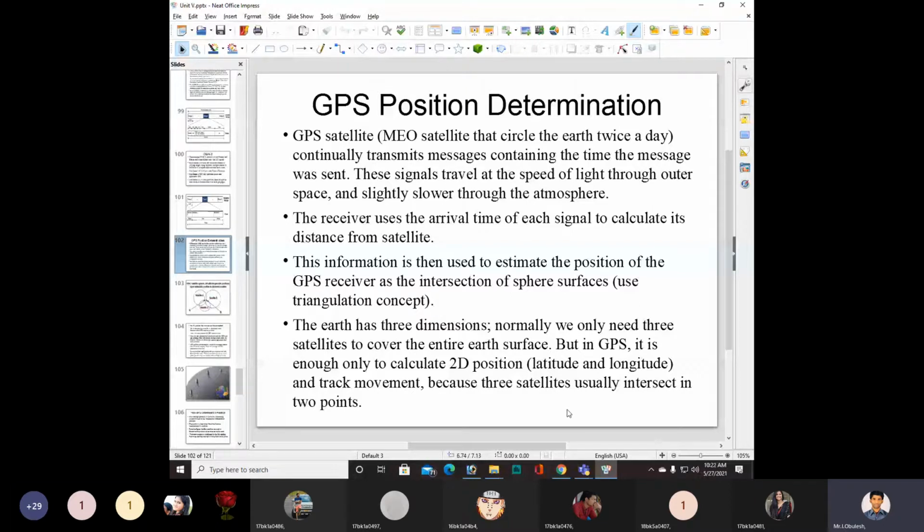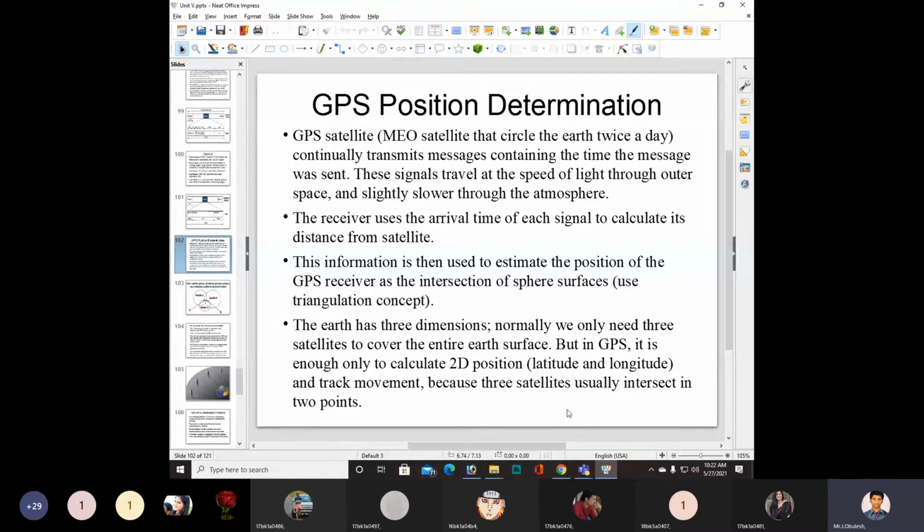So where will we use this? We use the triangulation concept.